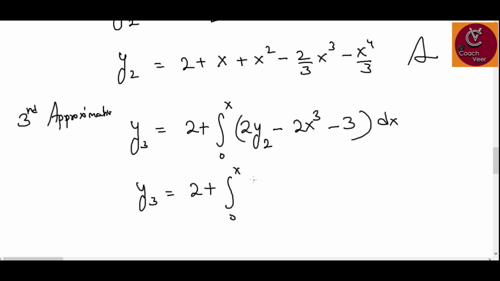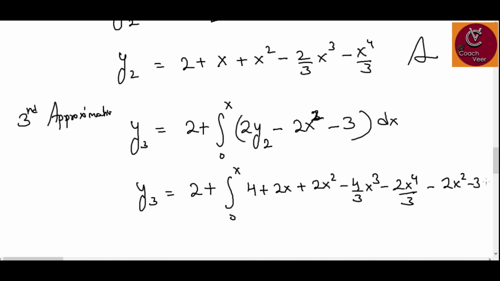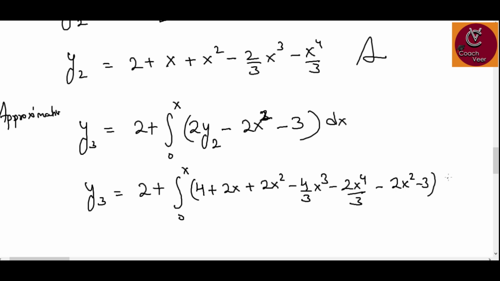Now substitute the value. When you substitute, 2 is to be multiplied with all of them. We are going to get 4 plus 2x plus 2x square, negative of 4 by 3 x cube, negative of 2x to the power of 4 by 3, negative 2x square, let's write square here, negative 3, and then everything is to be integrated with dx.